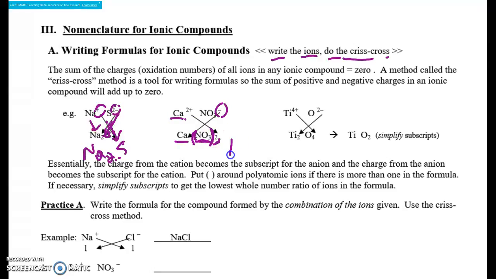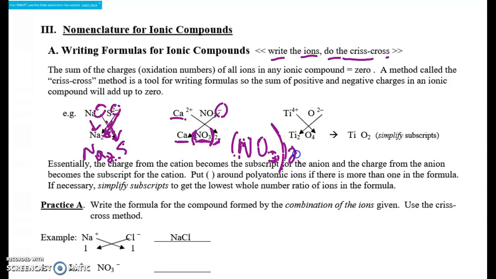If we don't do that, it's going to look like CaNO32, which means it's going to be 1 nitrogen and 32 oxygens. And that's not what's going on there. Instead, what we have is 1 nitrate group. Again, the pen is not working so well.